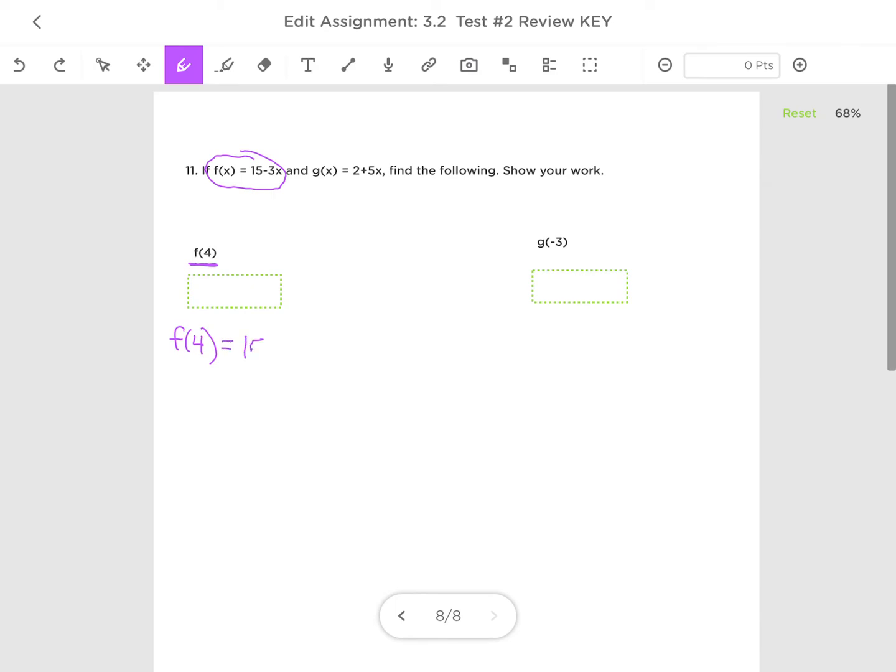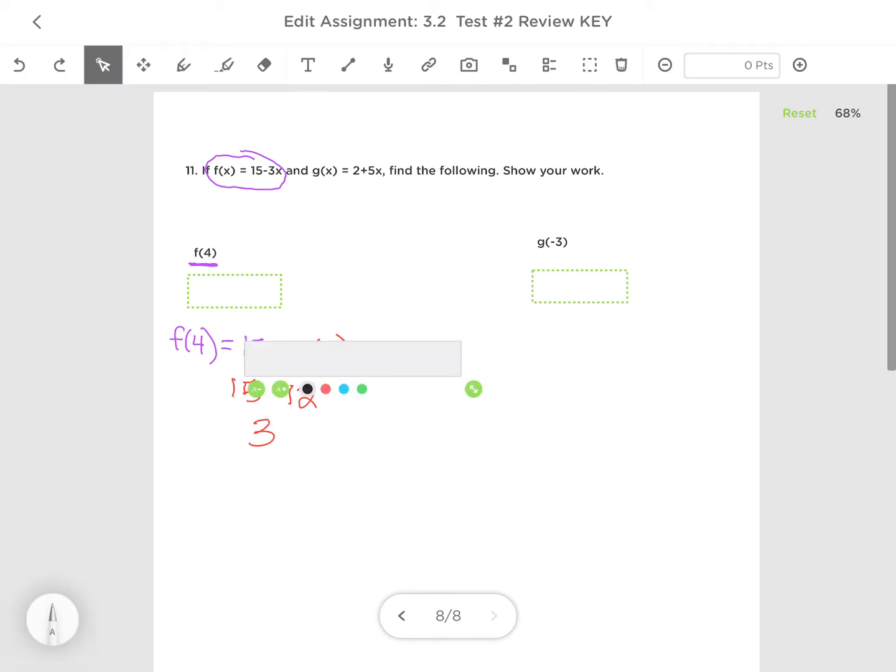So I have 15 minus, that 3 and the x are being multiplied, so I have 3, and I'm replacing it with the number 4. Okay, so now I have 3 times 4, which is 12. 15 minus 12 is 3.